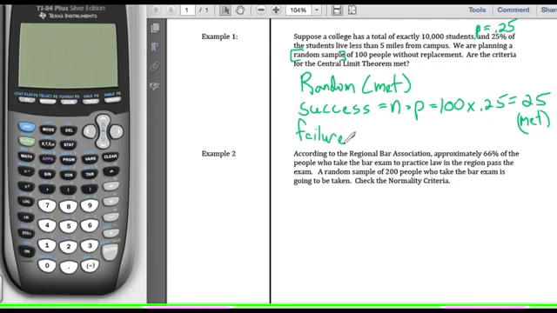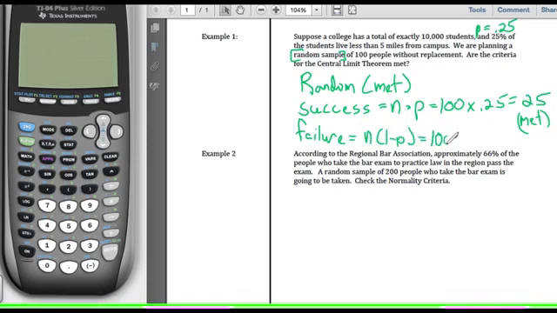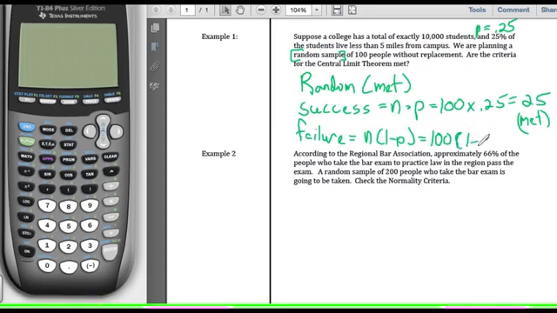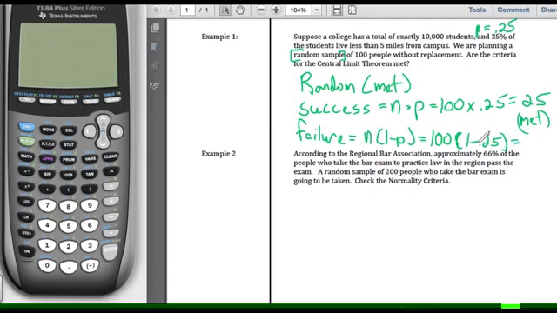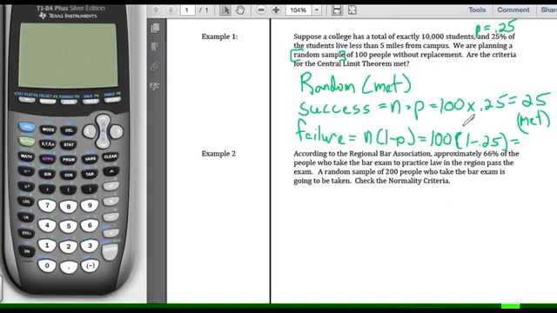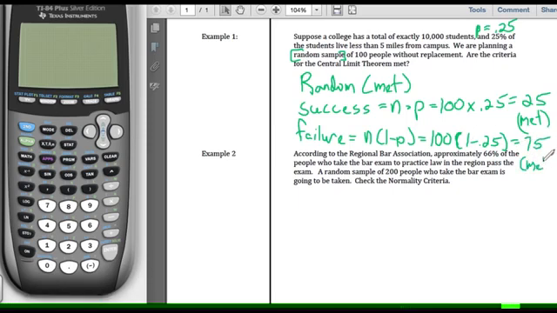For my failure number, that's N times 1 minus P. So that would be 100 times (1 minus 0.25). And you could type this in your calculator all at one time, just like we did with the standard error formula in a previous video. This is going to give me 75 when you type this in. It's met because it's over 10.